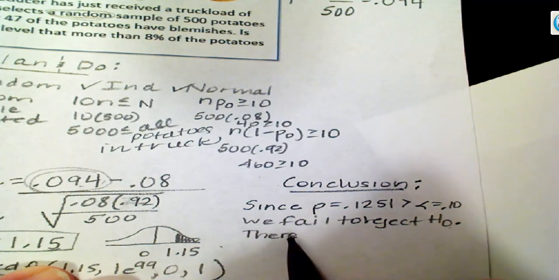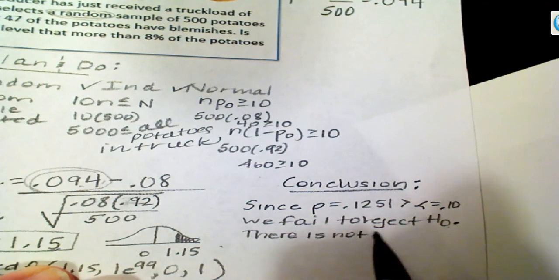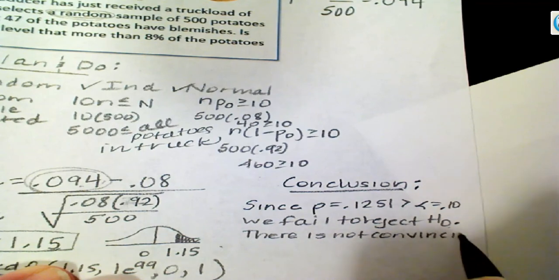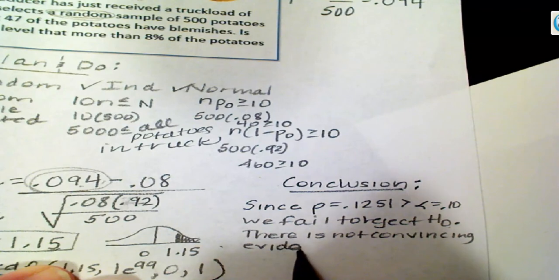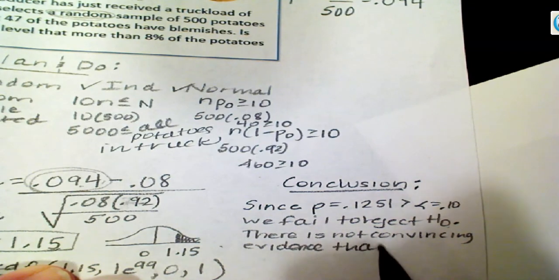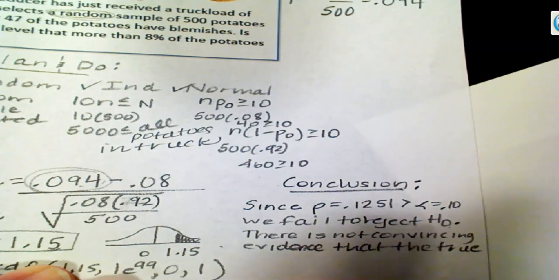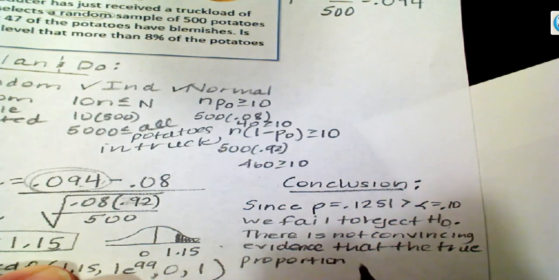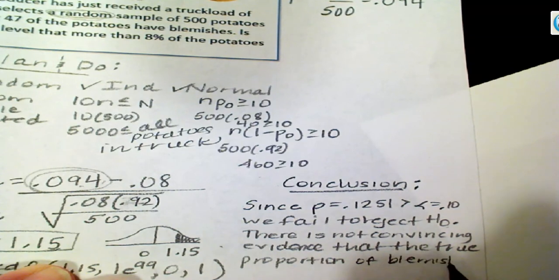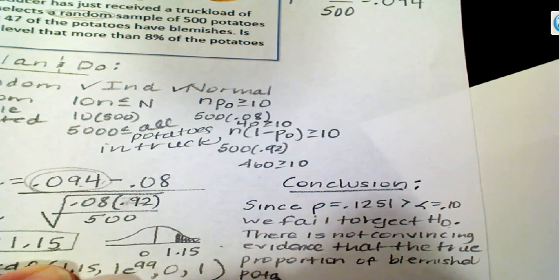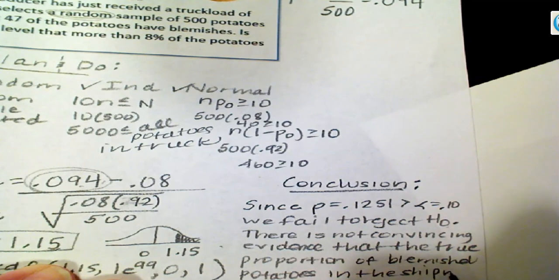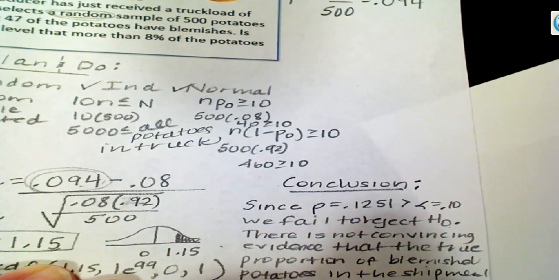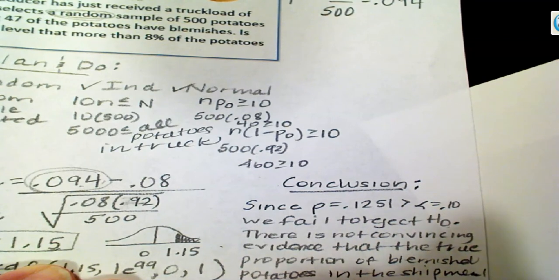So that's what you're going to say. There is not convincing evidence that the true proportion, so think about what your parameter is, you're including that in your conclusion, of blemished potatoes in the shipment is greater than 0.08.